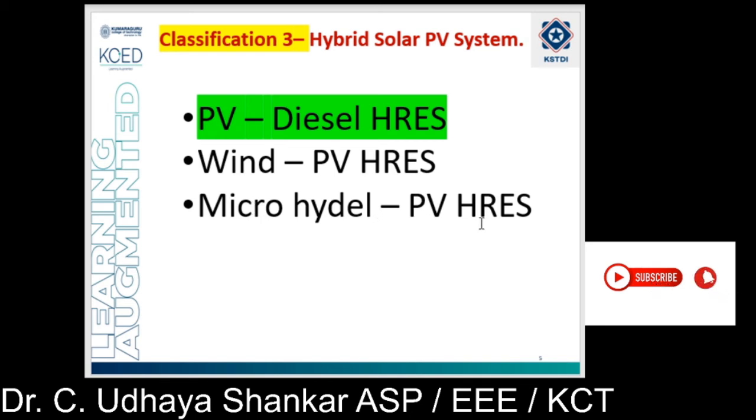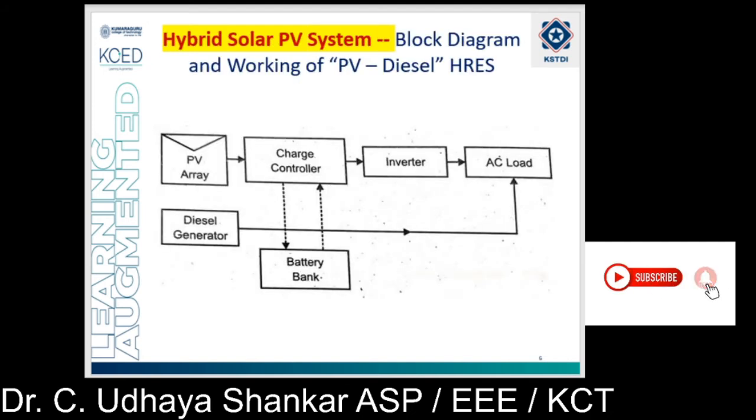We will be discussing these one by one in detail. But in this case, we will be discussing only the PV diesel HRES, which is the most widely used technology nowadays to meet the remote location power demand. So now let us go on with the discussion of PV diesel HRES.